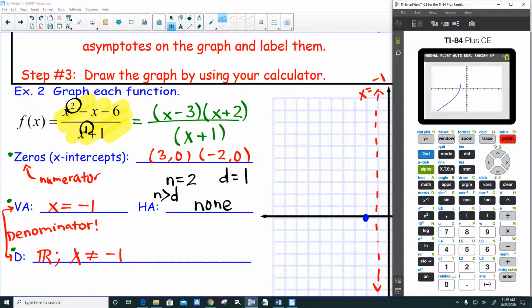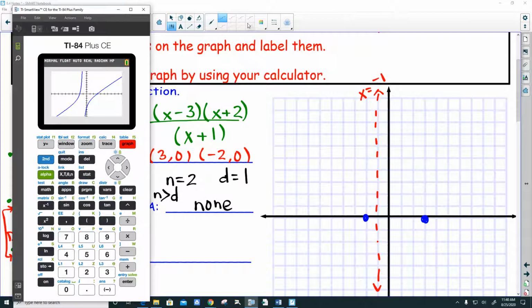Okay, I'm going to hit graph. I definitely am seeing how it's kind of skewing away from that vertical asymptote. I can see here that there are two x-intercepts. Looks like it's at the 3 and the -2. So I'm going to go ahead and do the best I can here with just trying to sketch that in. You know, when it comes to this step and you're just sketching it, just do the best you can. You know, just look at your screen.